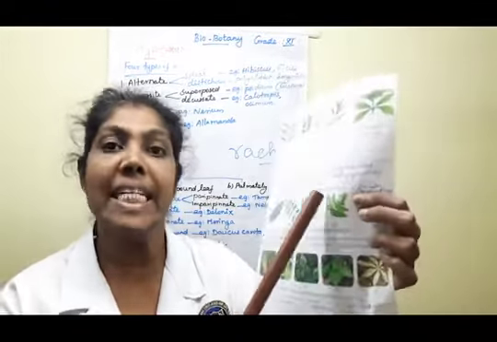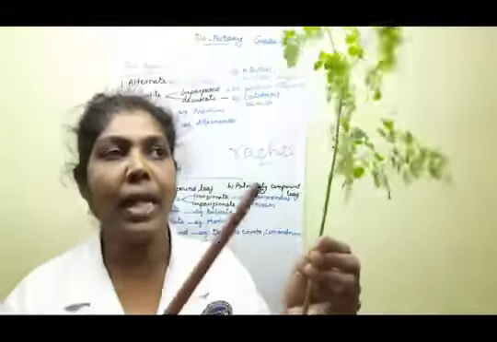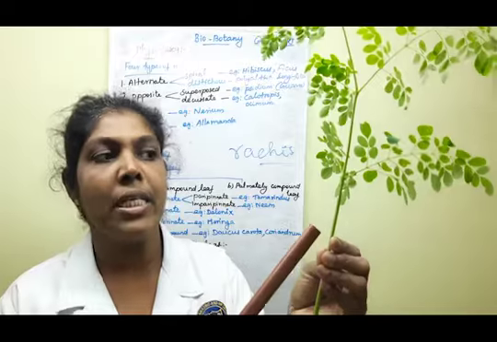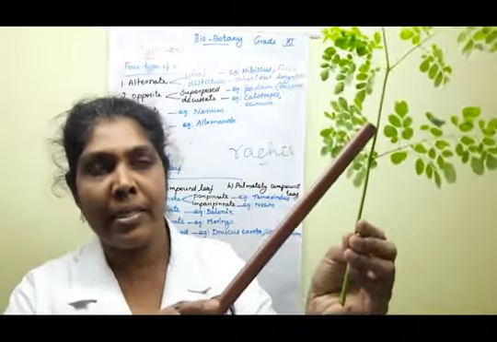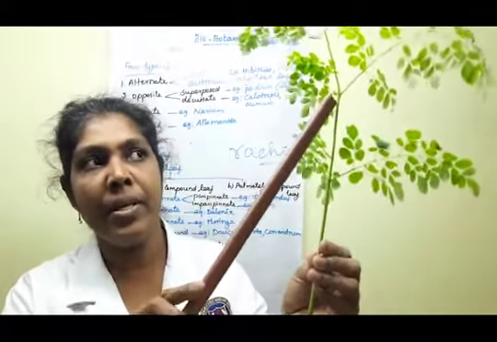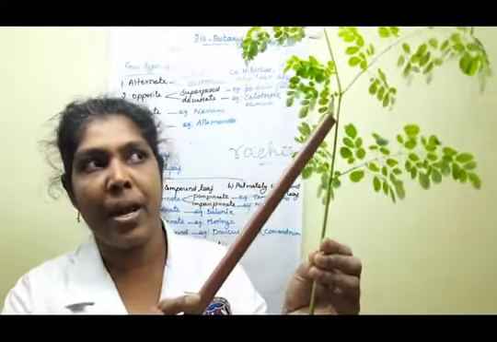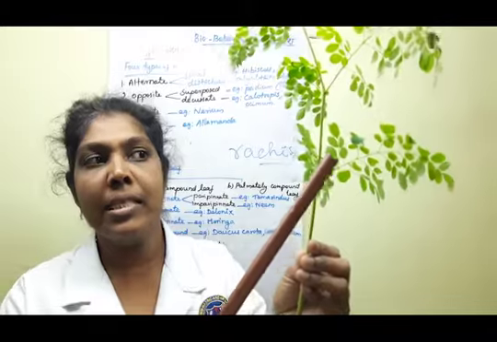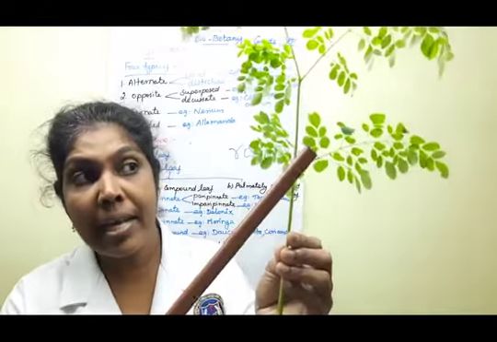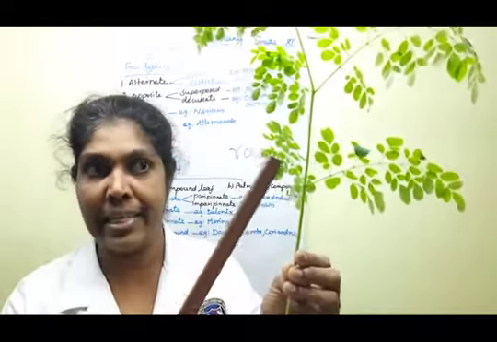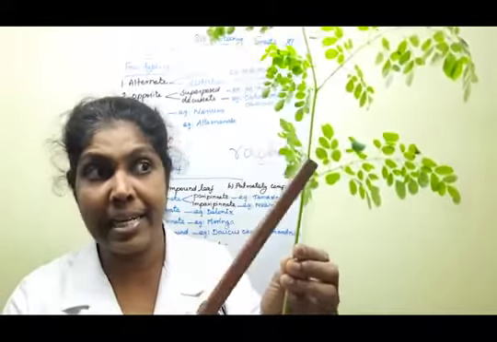Clear? The next one is tripinnate. A very good example species is this one. Can you identify this? Moringa, correct. Yes, good. Here, all of you see how we call it tripinnate. The primary rachis is there, isn't it? From the primary rachis, a secondary rachis is produced. Am I correct, children? On this secondary rachis, a smaller rachis arises again, that is the tertiary rachis.